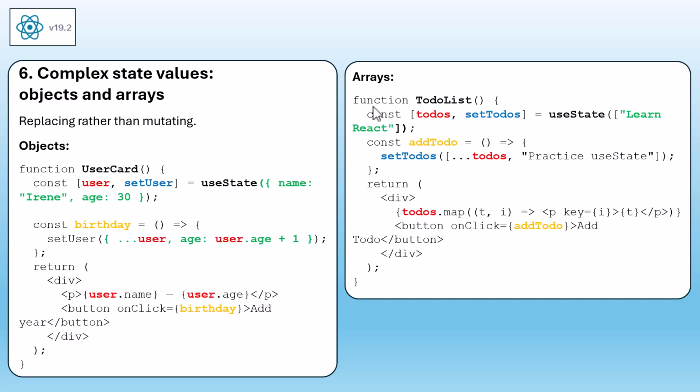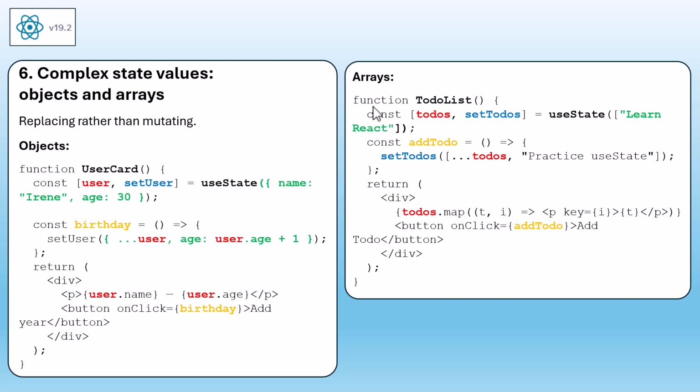6. Complex state values, objects and arrays. State need not be a simple primitive like a number or string. You can store arrays or objects in state. The key thing here: you should avoid mutating the existing object or array. Instead, you should create a new object or array representing the updated state.